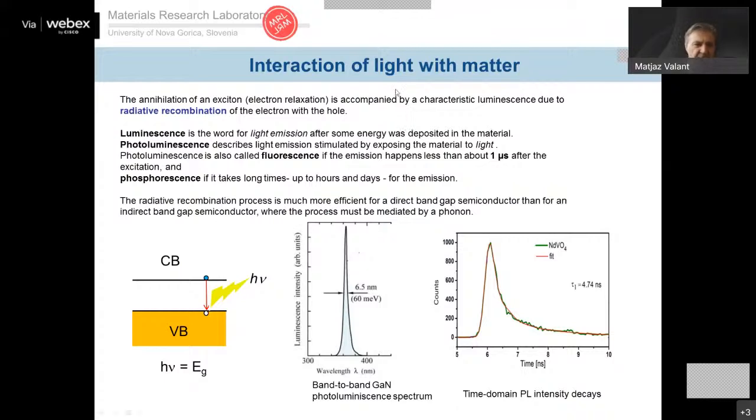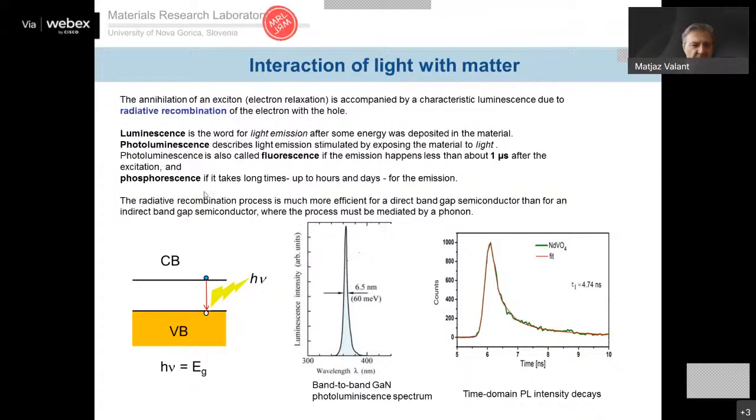Fine. Now a little bit of terminology. Luminescence is the expression for any light emission related to relaxation. So it means after some energy was deposited in the material, so what was absorbed in the material. So it's a more general expression.